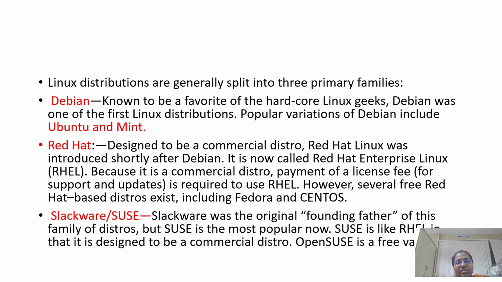Red Hat Linux was introduced shortly after the Debian distribution. It is now called Red Hat Enterprise Linux, or RHEL. Because it is a commercial distro, payment of a license fee is required to use RHEL. Several free Red Hat distros exist, including Fedora and CentOS.